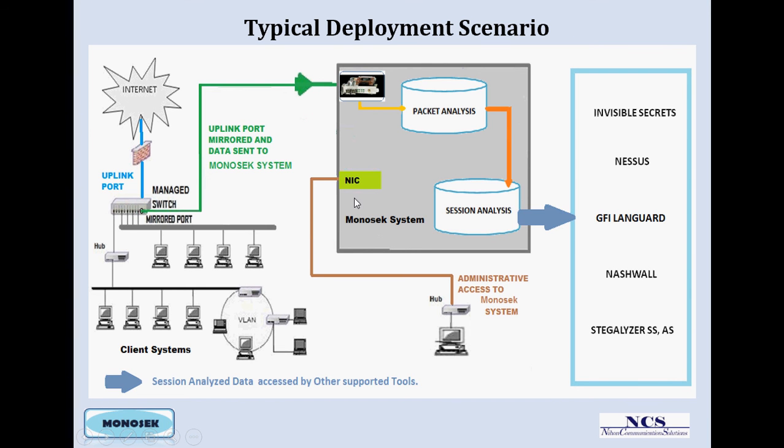So how can he get the information? Here you can see. After analyzing the information captured from the card, the results will be passed to a different port on the same system. From that interface he can get the information related to the packet analysis as well as session analysis.